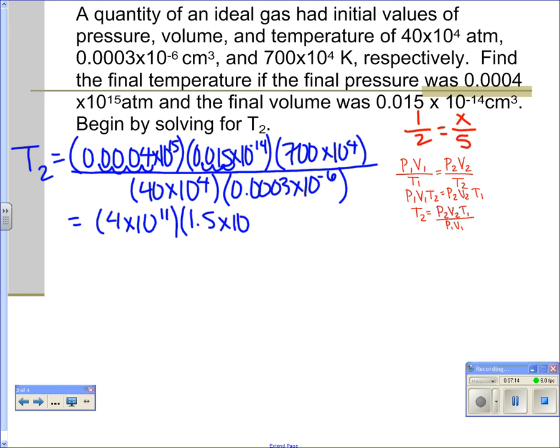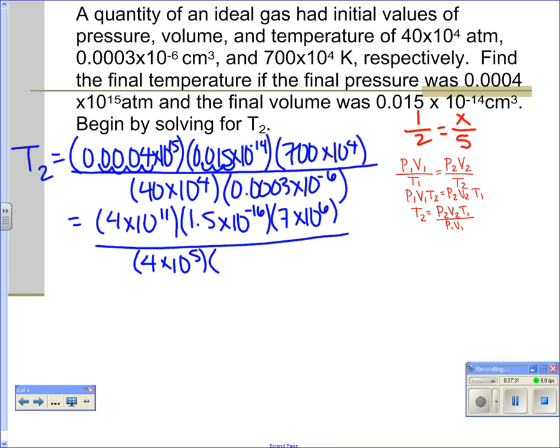Not always. Sometimes. I do. Well, you're likely to make a mistake. 1.5 times 7 and then divide it by 3. And then what?